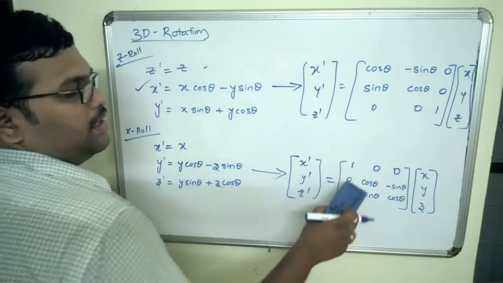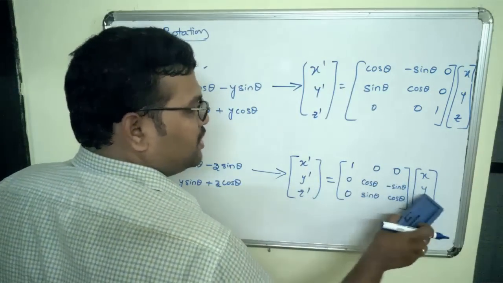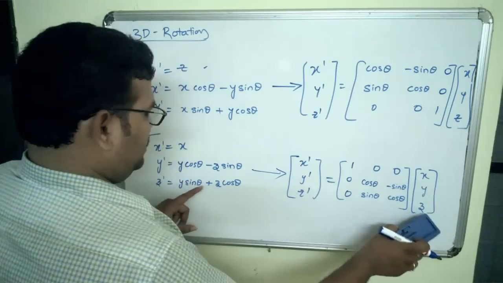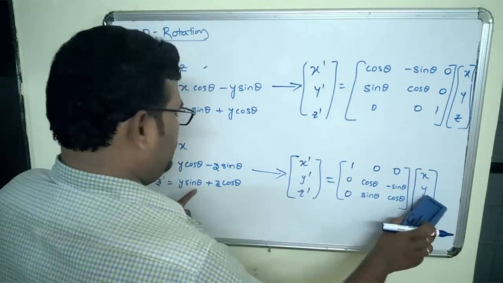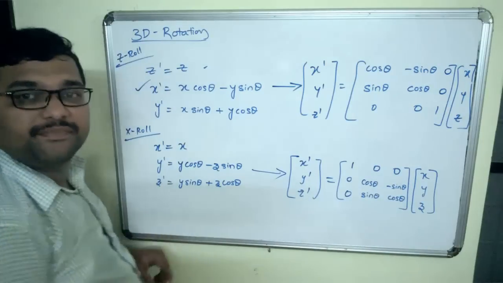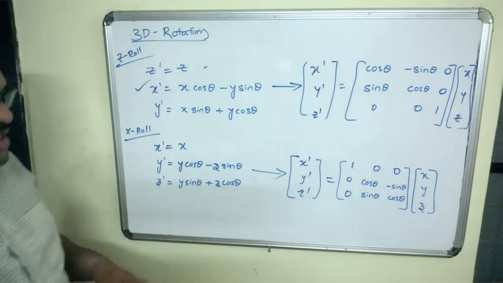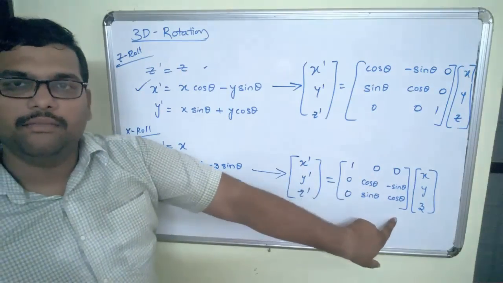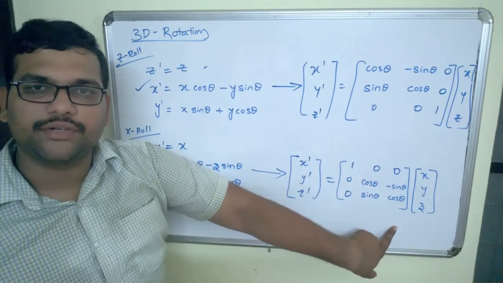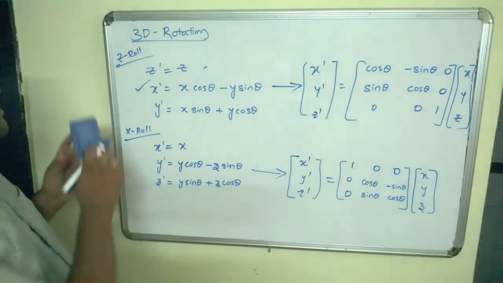Now let us look at it. So 0 into x, y into cos theta minus z into sin theta, x into 0, y into sin theta plus z into cos theta. Right. So based upon this formula, we need to write the matrix representation.